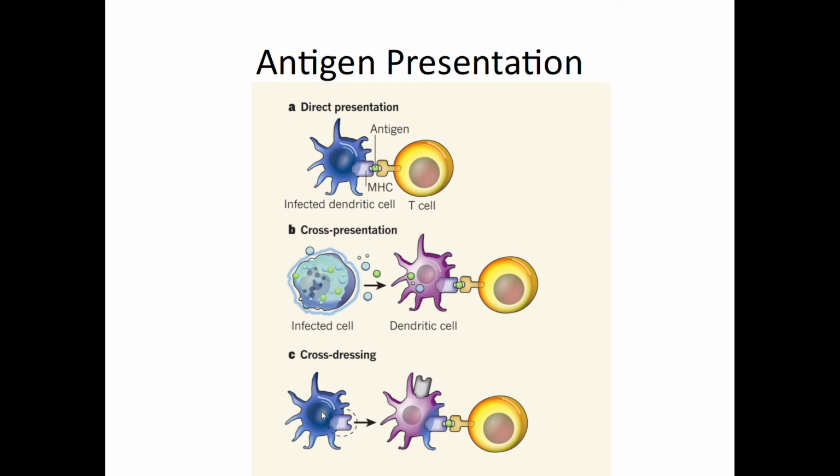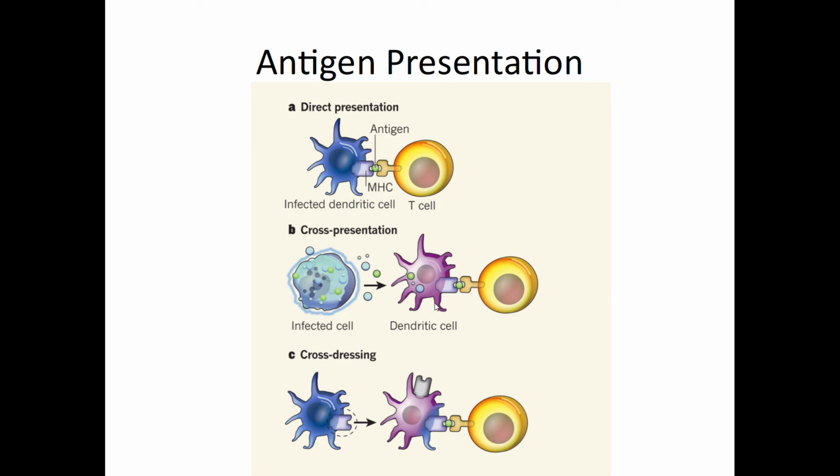So antigen presentation can happen in a few different ways. We can have direct presentation where an infected cell can present something. We can have cross presentation where an infected cell can then be eaten by a dendritic cell, or a dendritic cell can eat other things and then present those.